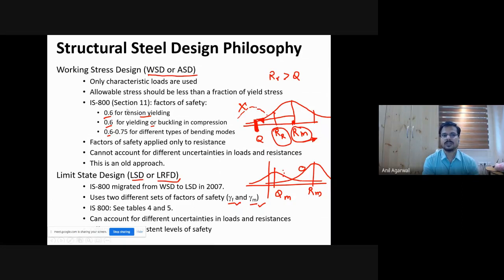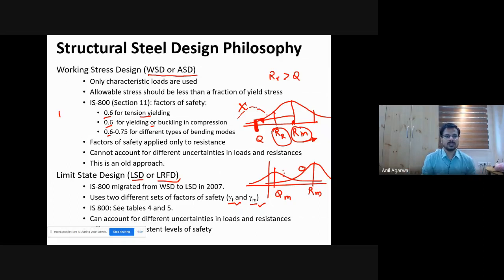So that was 0.6, and that is exactly what you have now. Earlier you were not using the factor of 1.5 with the dead load that you use now, but you were using a factor of 0.6 with the resistance directly. But the two factors are basically still the same.